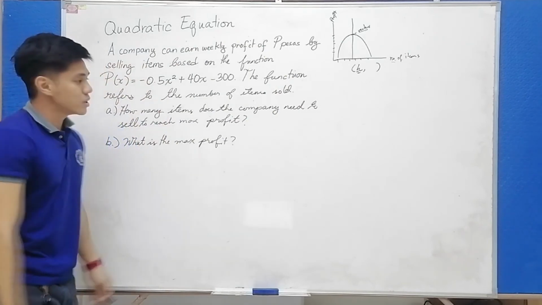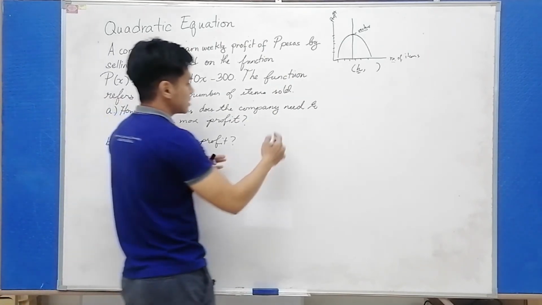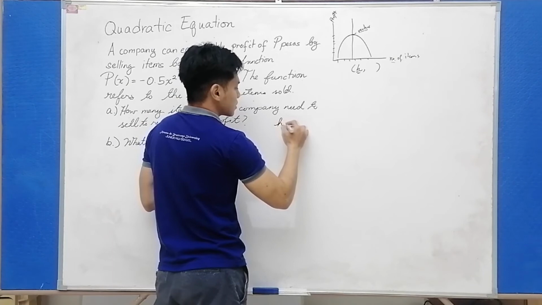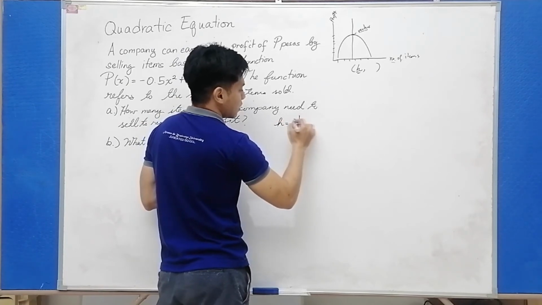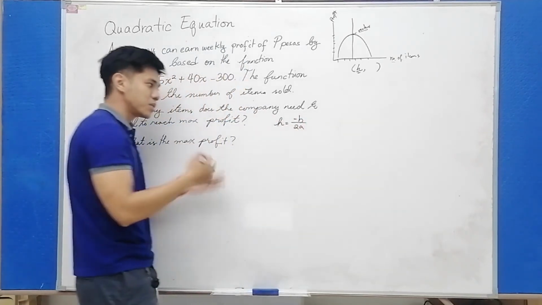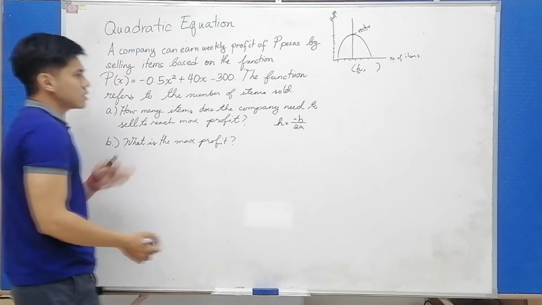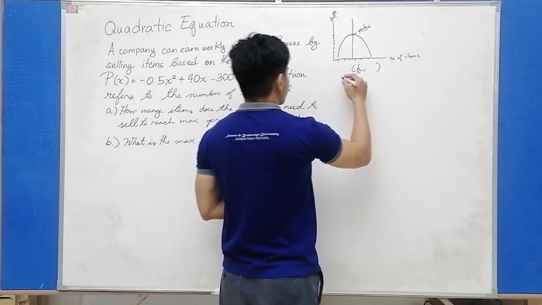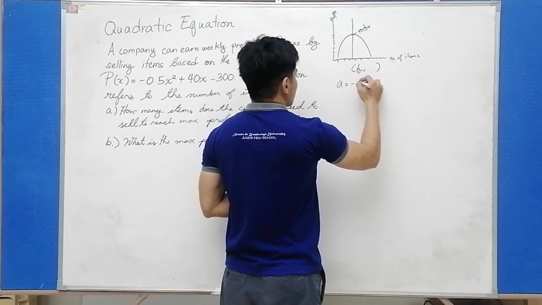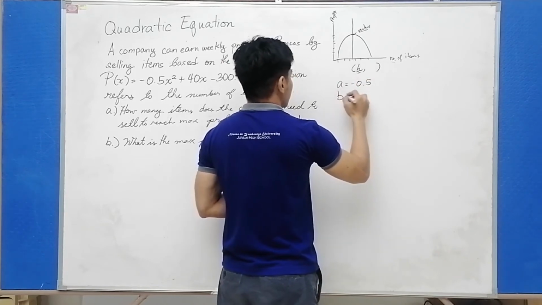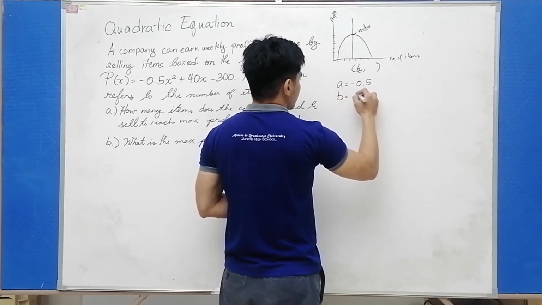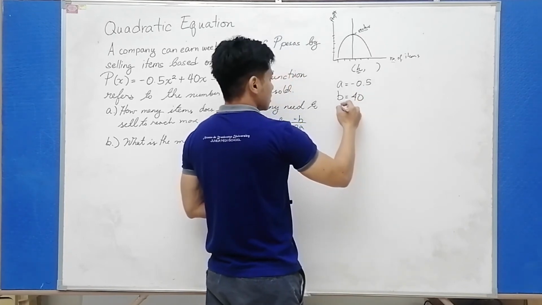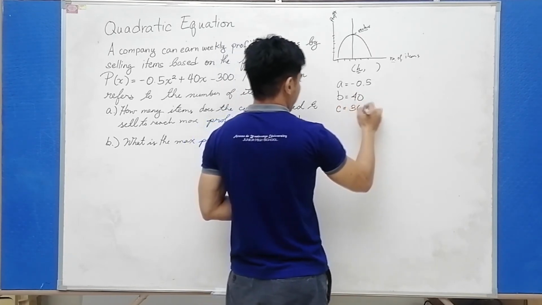So what formula do we use for h? The formula for h is equal to negative b over 2a. So let's identify what a, b, and c are in the function. So a is negative 0.5, b is positive 40, and c is negative 300.